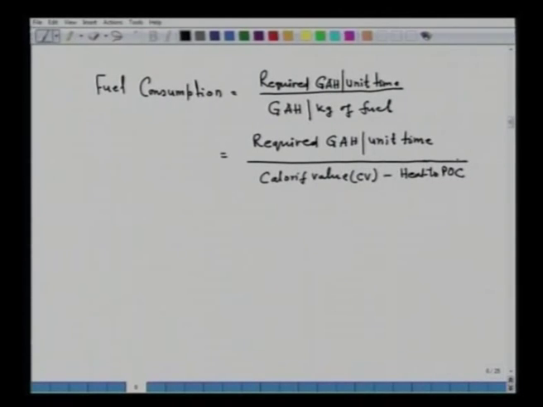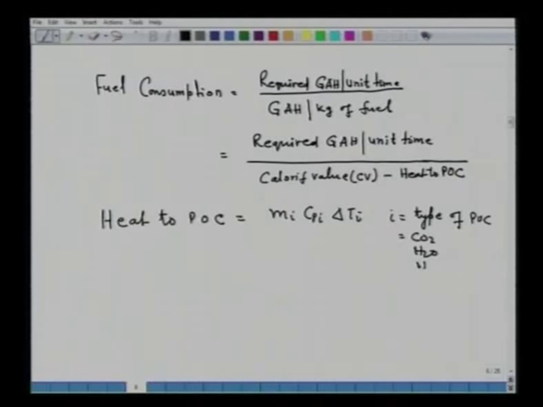Heat to POC can be calculated as the summation of Mi Cpi into delta Ti, where i is the type of POC, that is, i is equal to CO2 or H2O or N2 or O2. In lectures 9 to 12, I have illustrated how to calculate the heat to POC. So, that is how one can calculate the fuel consumption.